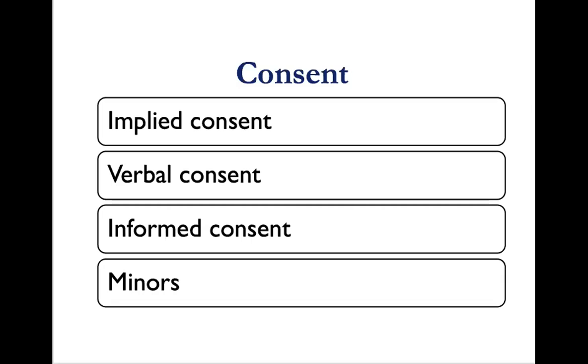Then there's also the situation where somebody is pregnant. If somebody is pregnant, they can make their own decisions. But then once they're not pregnant, if they're under 18, they have to go back to getting the parents' consent, which is weird.